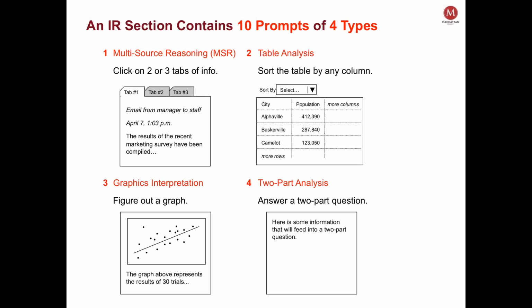Multi-source reasoning and table analysis are interactive, whereas graphics interpretation and two-part analysis are static. They're more like traditional standardized test questions, just with a little bit of a new IR skin.